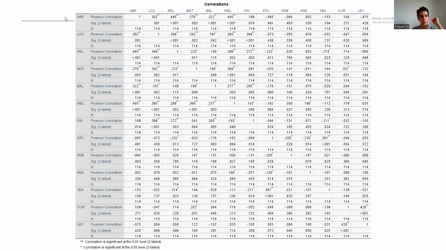So for example, going to this analysis again, what you can interpret from this is that happiness is correlated with our independent variables: locus of control, relationships, motivation, balance, wellness, except financial stability.